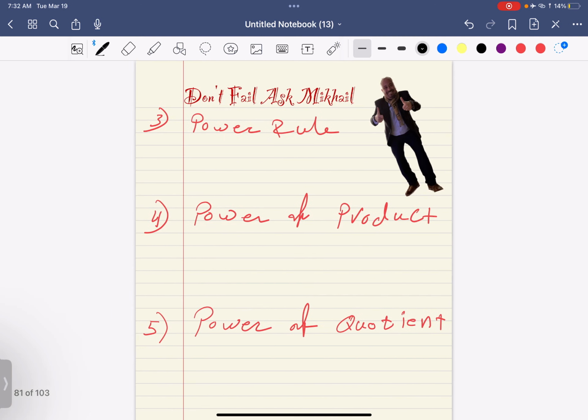The next rule is called the power rule. The power rule is when you have an exponent to an exponent, I multiply the exponents. X to the a, raised to the b. You see I have two exponents here, a and b. So I multiply a and b together, so that will be x to the a times b.